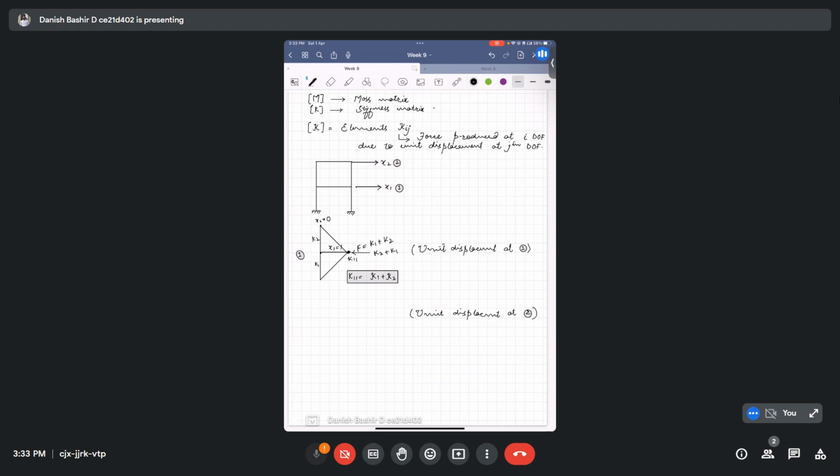For that the column system will be the same. The lower column will not move up to this point, because there is no displacement from this point to the point above. We give one unit displacement here, so this column will be shifted like this. At the jth degree of freedom we apply unit displacement, here 2, and see what force is produced at the 1st degree of freedom. It is K12.